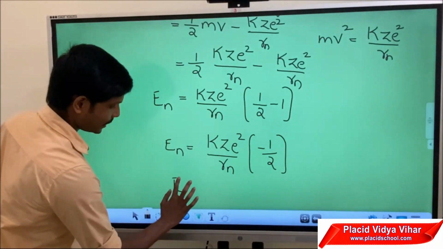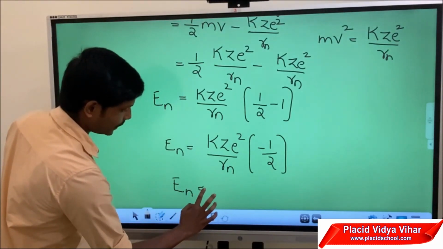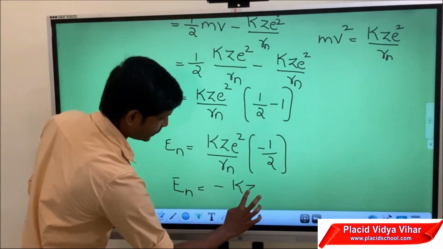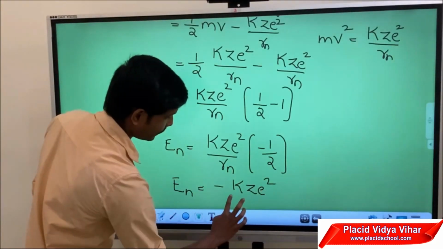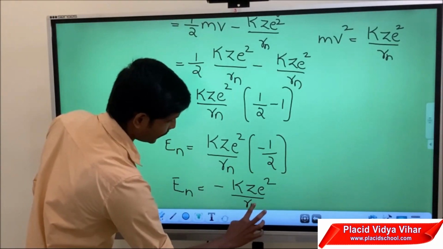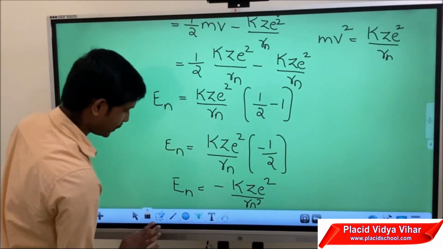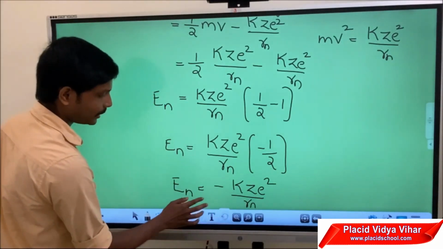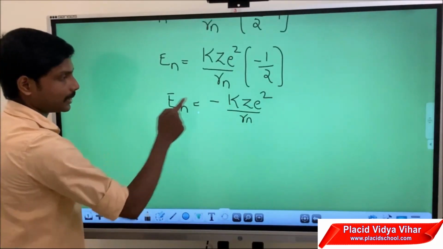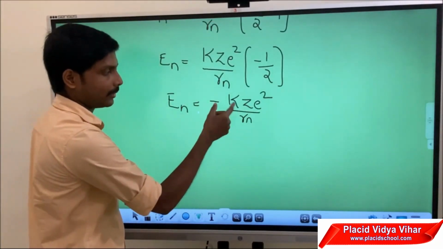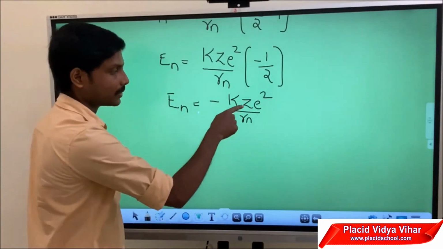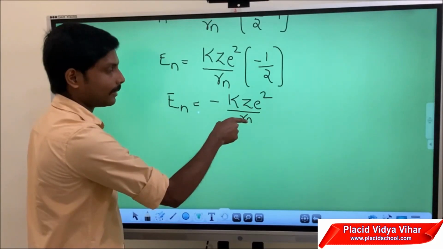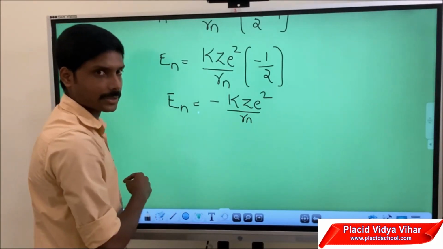So E n equal to minus half k z e square by r n. This is the expression for the total energy of an electron whose nucleus has a charge of Ze, orbiting in the nth orbit.